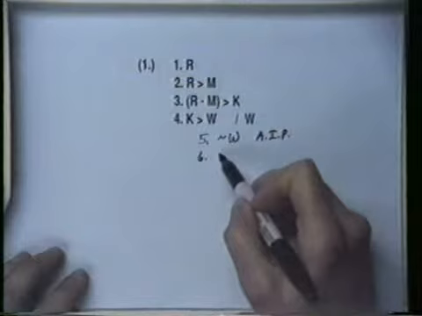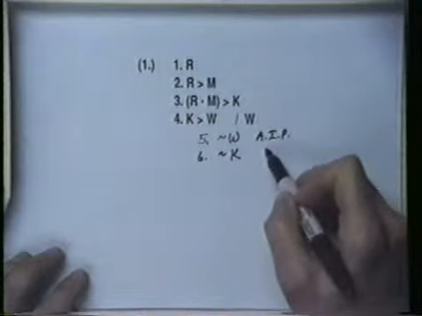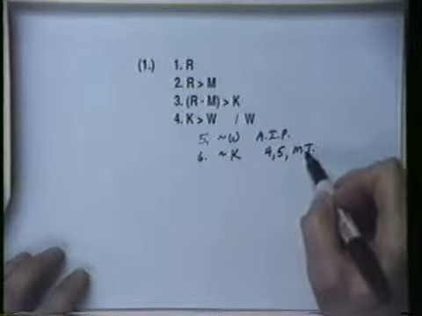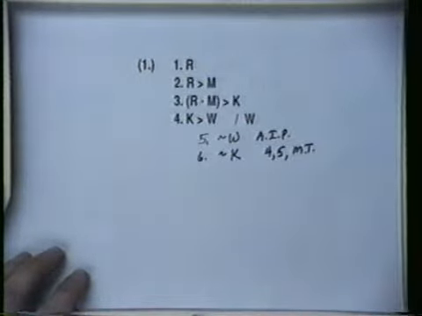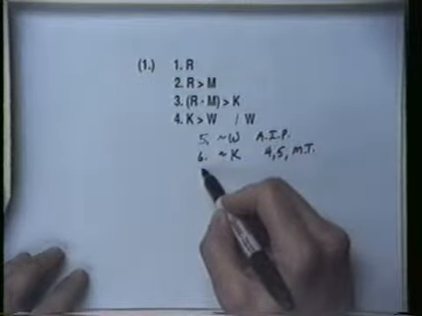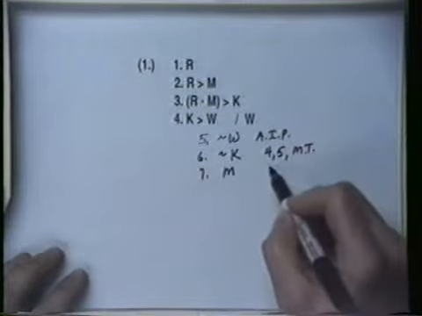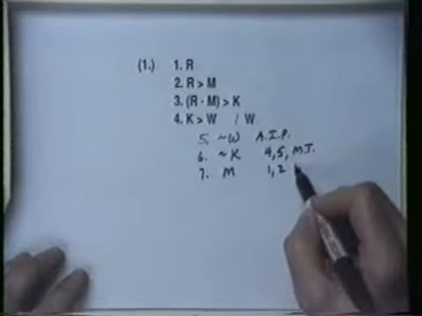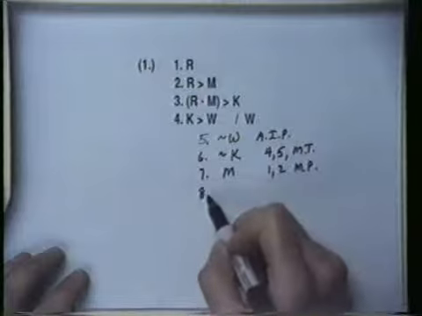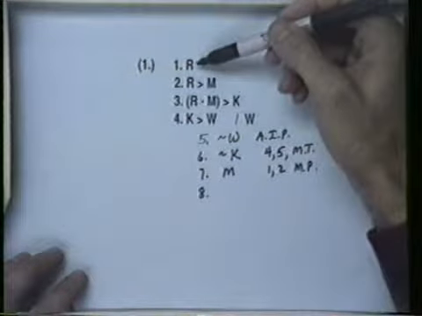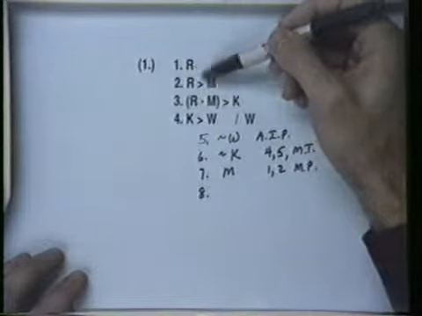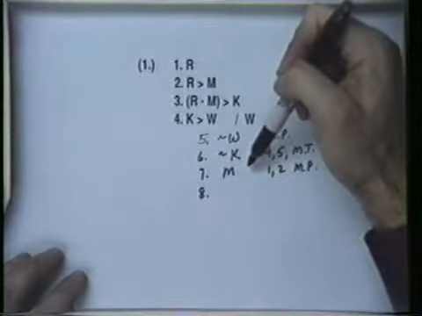The not W gives us not K, inferred from lines 4 and 5 by modus tollens. And now let's get the K. To do that, of course, we have to first do modus ponens on lines 1 and 2 and get M. Now we have the R, and remember, just as with conditional proof, information which lies outside the subderivation can be imported, as it were, into the subderivation.